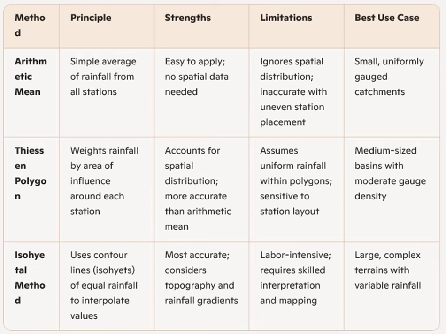Similarly for P1, the bisector of P1 P3 and the bisector of P1 P2, when extended up to the watershed boundary, create a polygon, and that polygon surrounds P1. And same for P3, the bisector of P1 P3 and the bisector of P2 P3. Again this surrounds the rain gauge station P3.